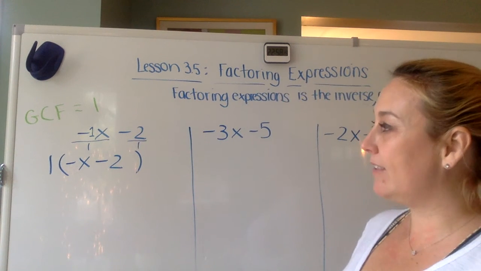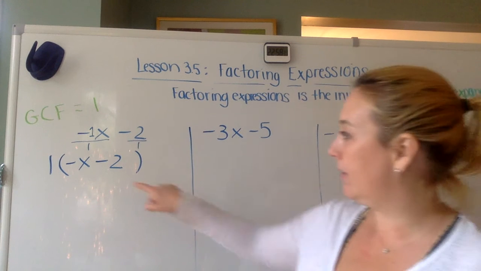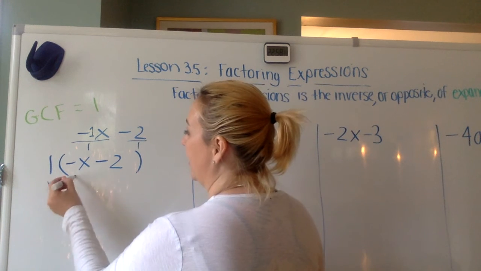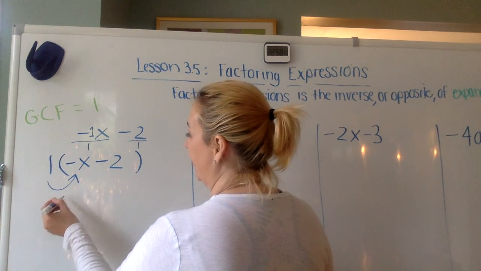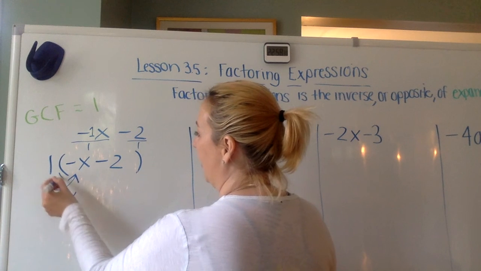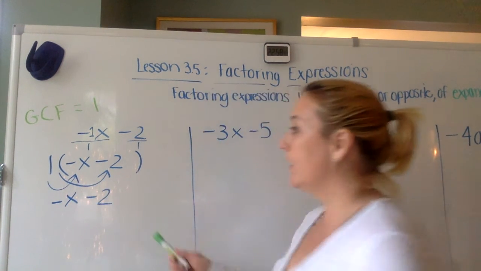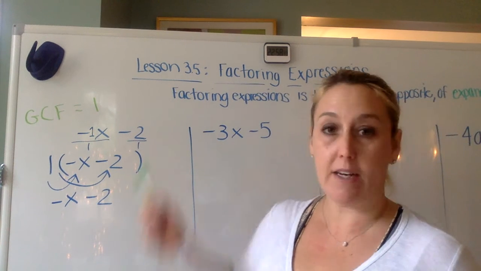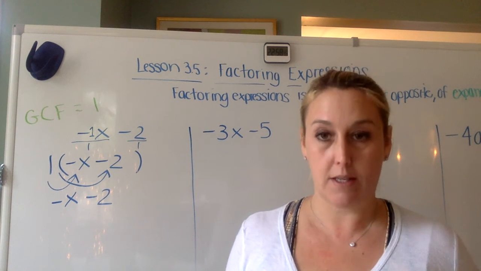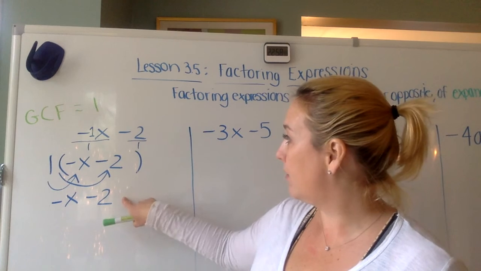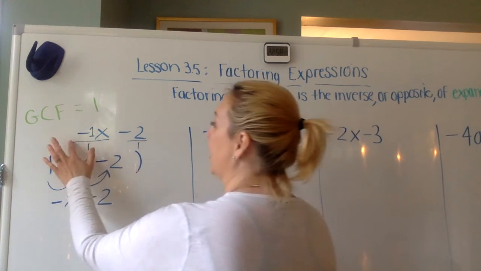If I double check this, 1 times negative x is negative x, and positive 1 times negative 2 is negative 2. So I'm back to what I had in the beginning. That is an equivalent expression, right? This was where we were in the beginning.